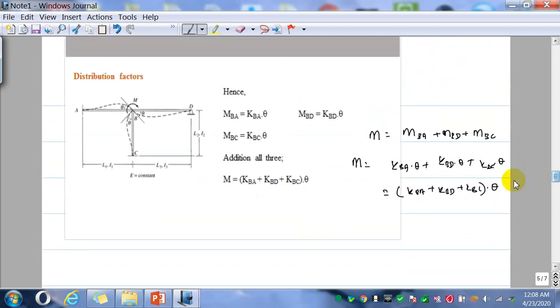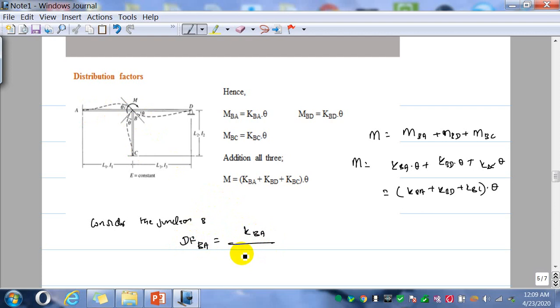Now if you consider this junction B, the distribution factor BA, that corresponds to MBA, is K_BA over K_BA plus K_BD plus K_BC.